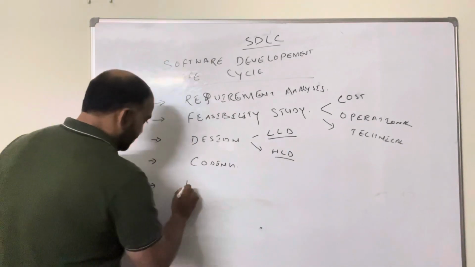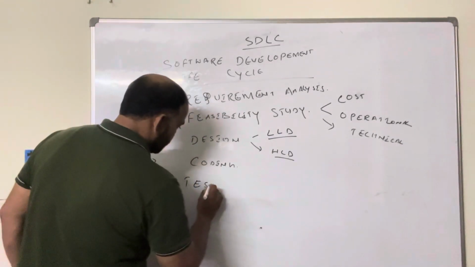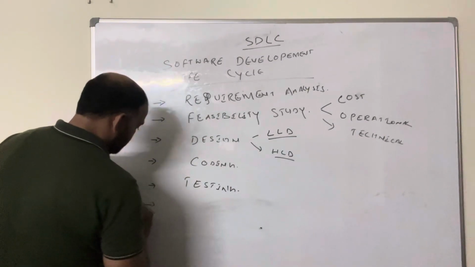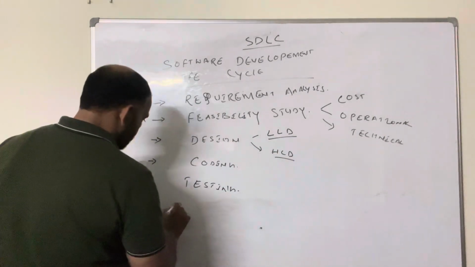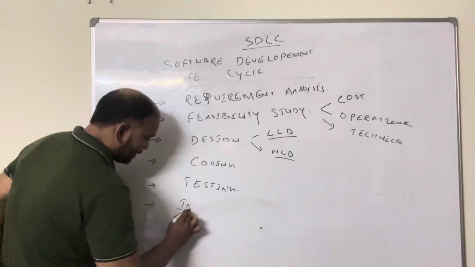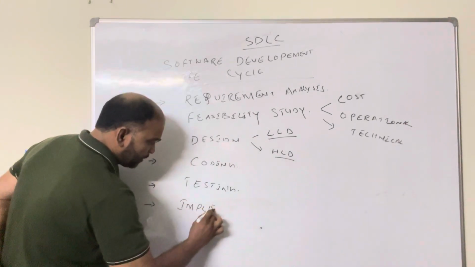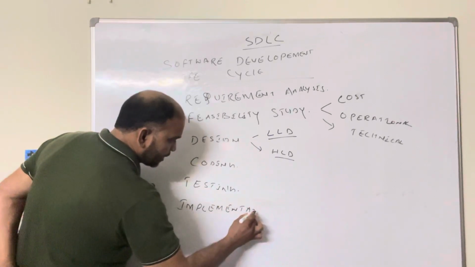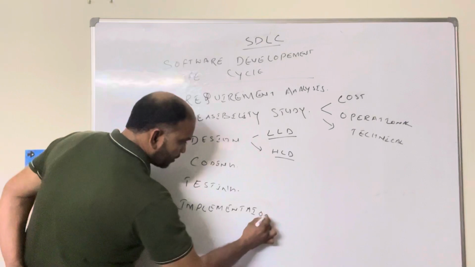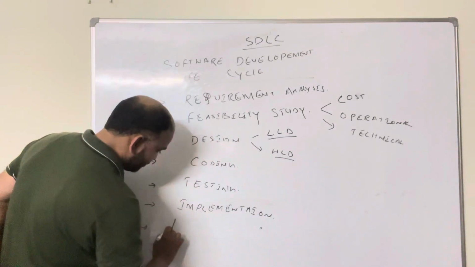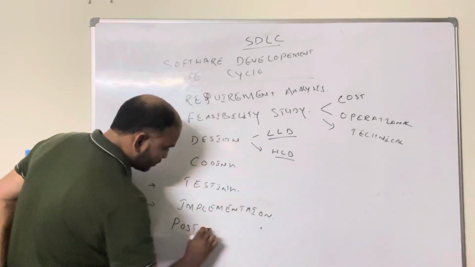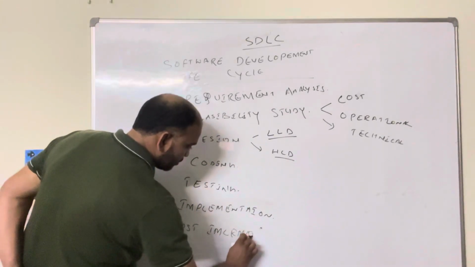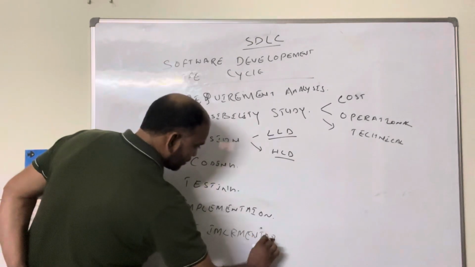Fifth one is testing. Sixth one is implementation. And seventh one is post implementation.